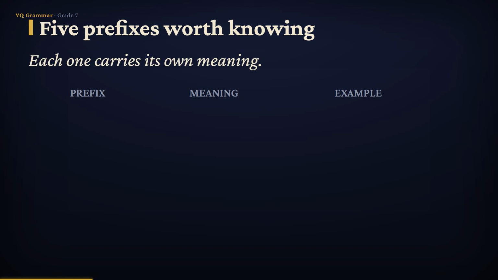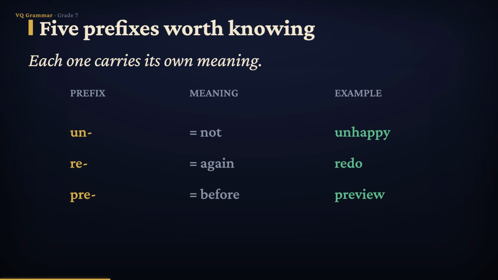Here are 5 prefixes that show up everywhere, so they're worth memorizing. Un means not, so unhappy means not happy. Re means again, so redo means do again. Pre means before, so a preview is a look before the real thing.